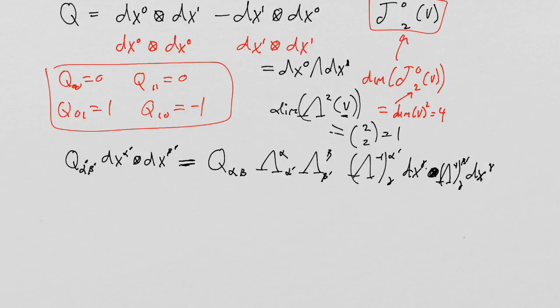Okay, so this is the transformation that we need. Now we can just make all these substitutions. The first thing I do is take these things and change them. That becomes dx alpha prime tensor product dx beta prime.